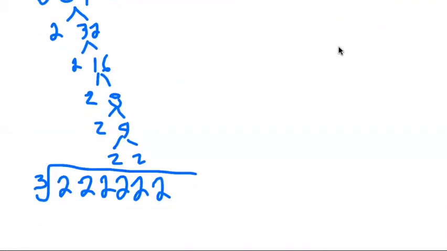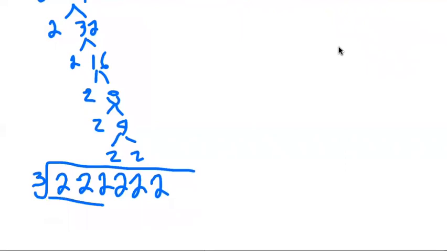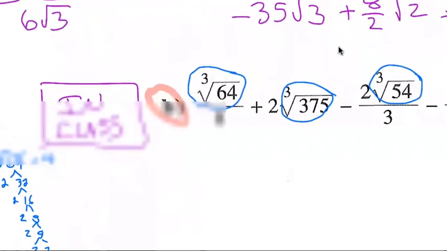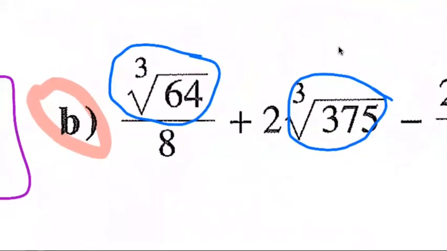And with cube root, we look for groups of 3. There's our group of 3, that's going to pop out, and there's another group of 3, that's going to pop out. There's nothing left over, so the root sign disappears, and we end up with 2 times 2, which is equal to 4. So back in our question, this cube root of 64 now simplifies to 4, a straight up 4. So I could rewrite this as 4 over 8.